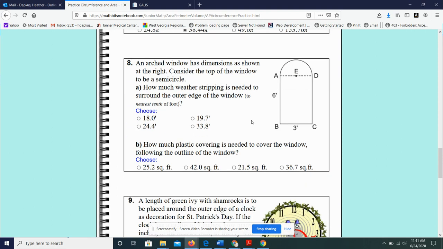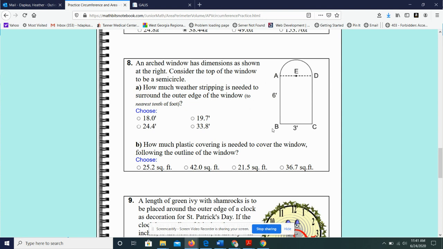Okay, so number 8. This is what we call a composite shape because it is formed with 2 different shapes. We don't have perimeter or area formulas for this shape right here.